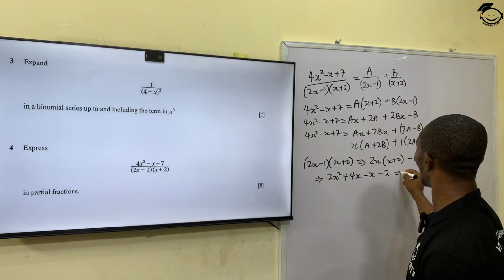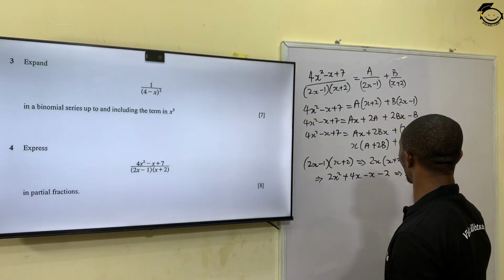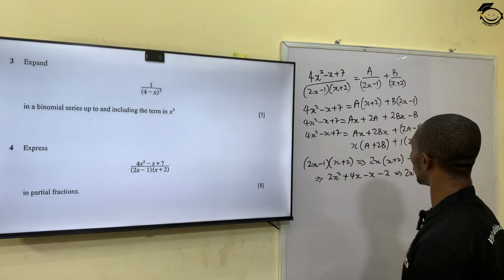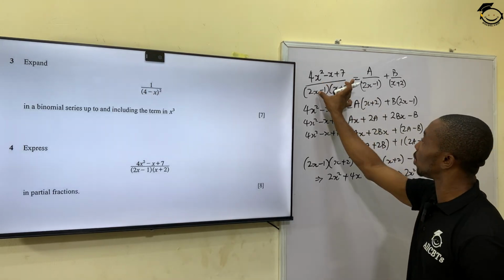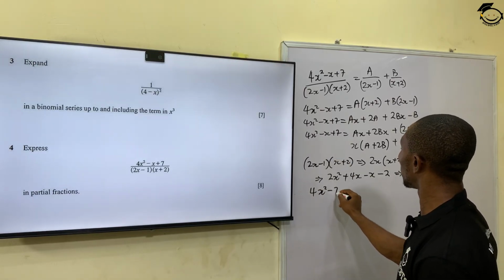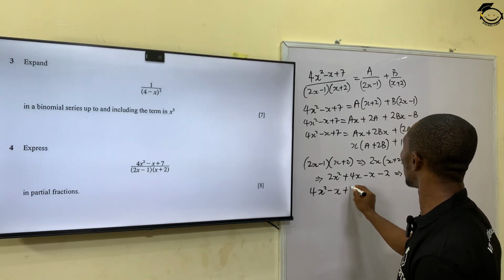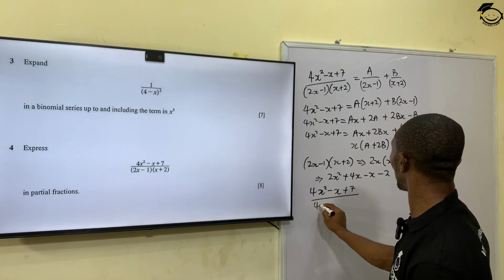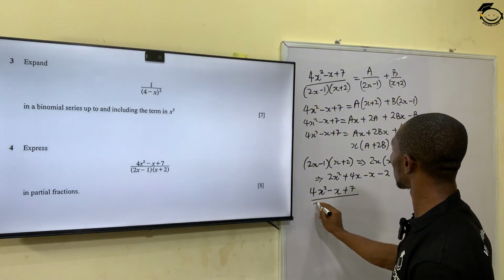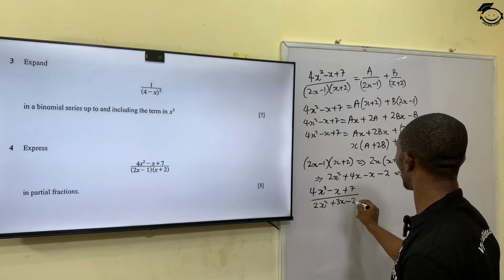So this will give us 2x squared plus 3x minus 2. Now replacing this here, we are having it as 4x squared minus 7x, minus x plus 7 all over 2x squared plus 3x minus 2.